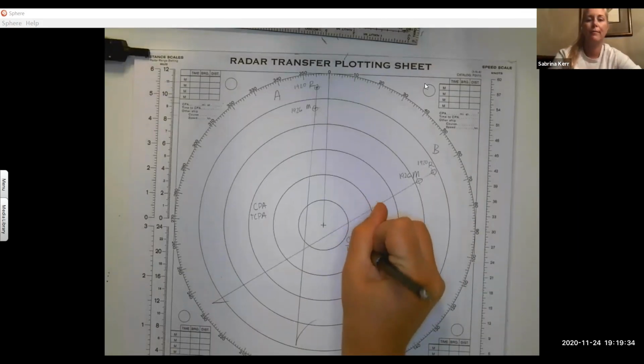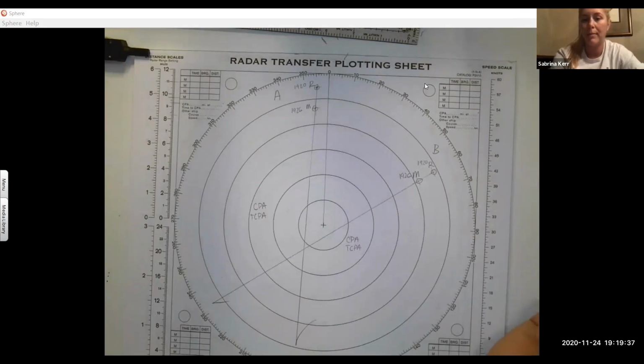Can I ask a question? Mhm. Wouldn't you just, by staring at it, knowing that contact A has moved about 2 miles in 6 minutes, and the other contact is, oh, I guess they're about the same. Never mind.